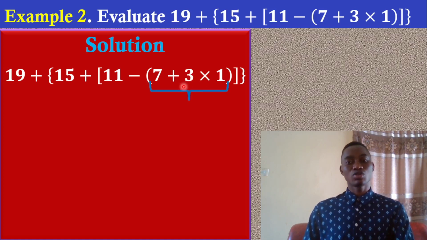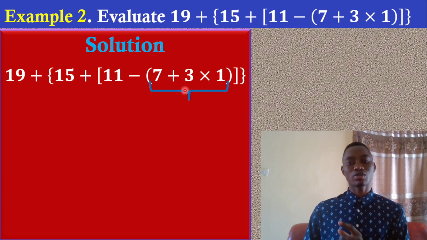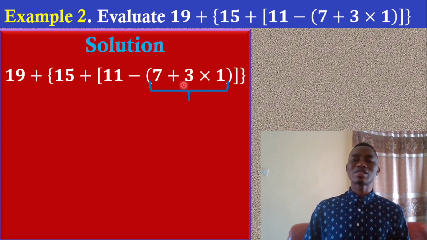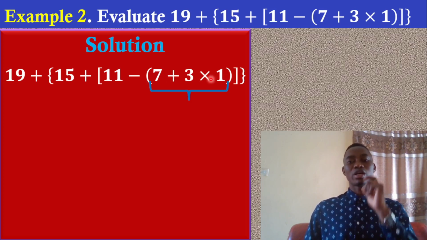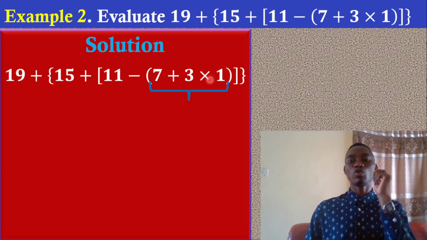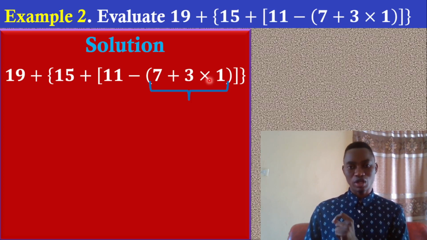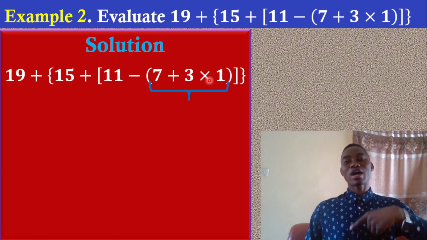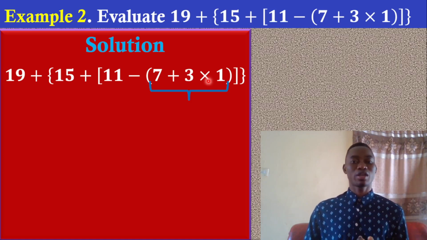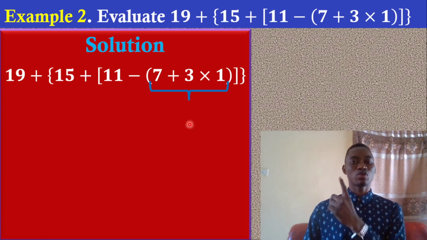All right, so look at my pointer, as you can see. Whatever is inside this innermost bracket should be simplified or evaluated first. Then we are going to have another innermost bracket. Let's do as we say.